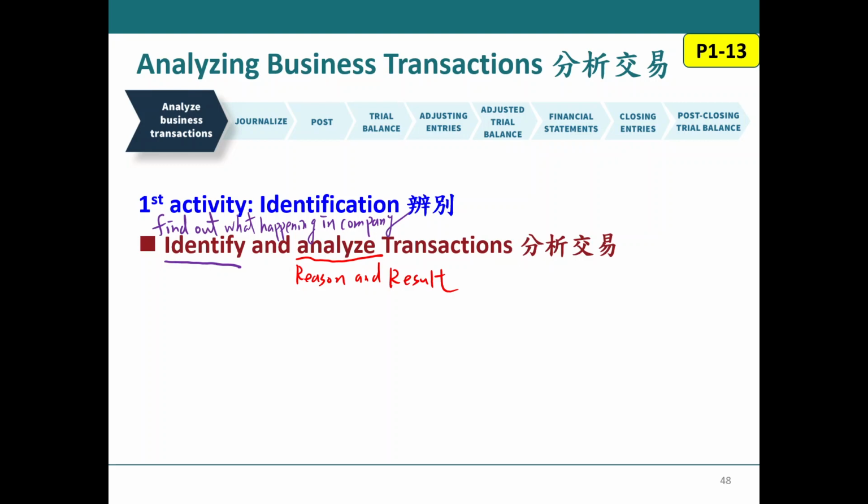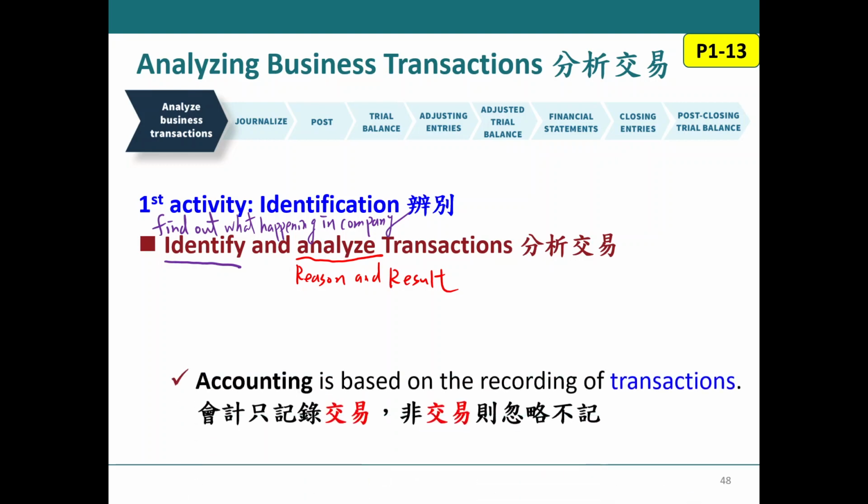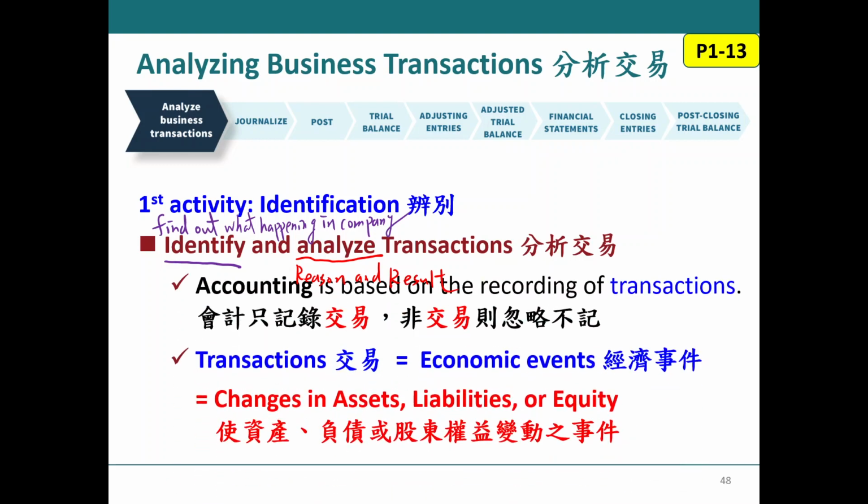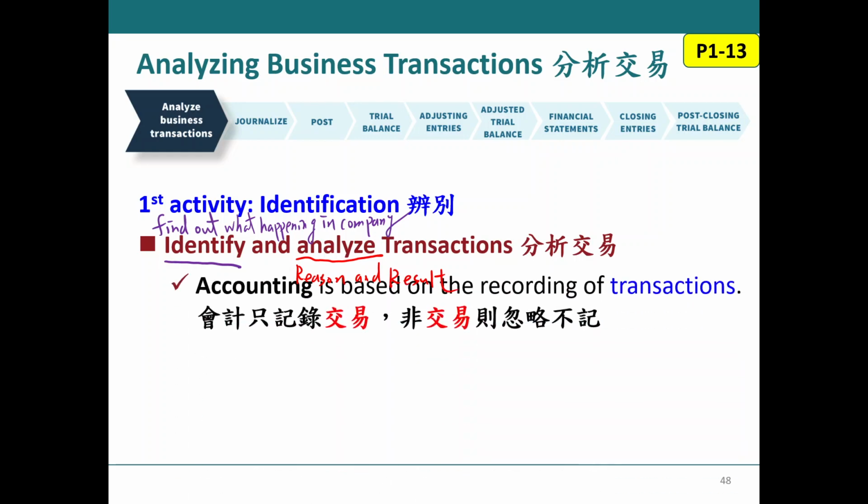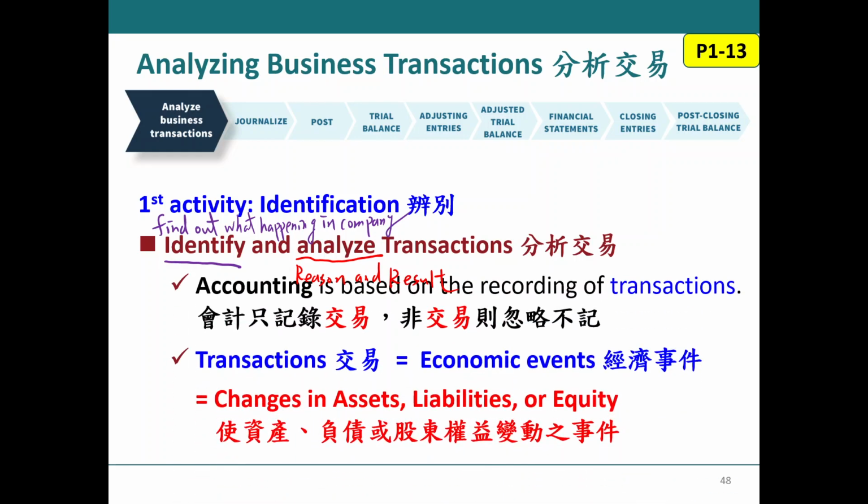So last week I tried to help you analyze transactions. What's the reason? What's the result? Transaction, remember what that means? We talked about it in the first class. Transaction means 交易, economic events.